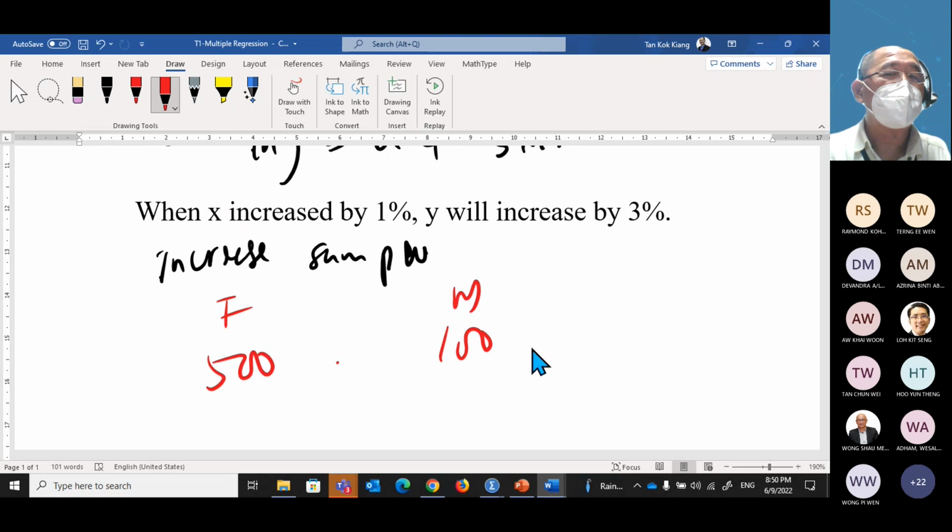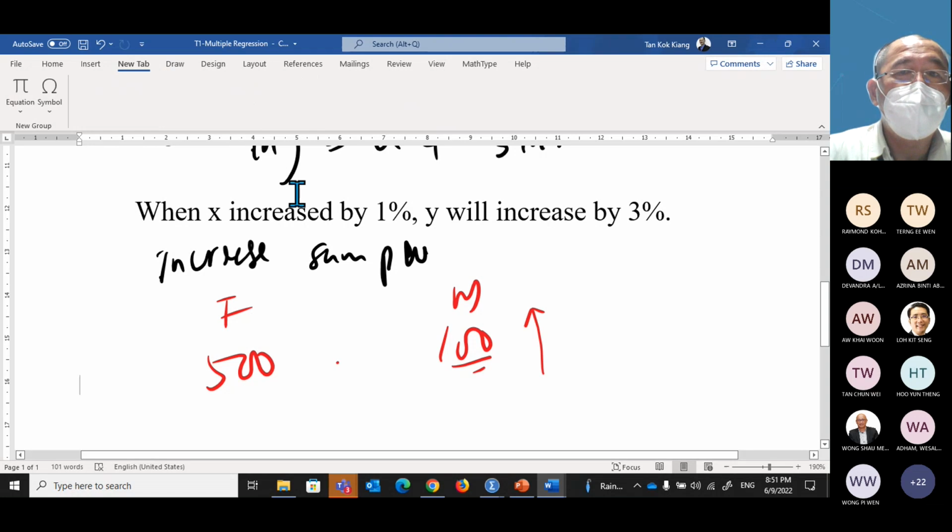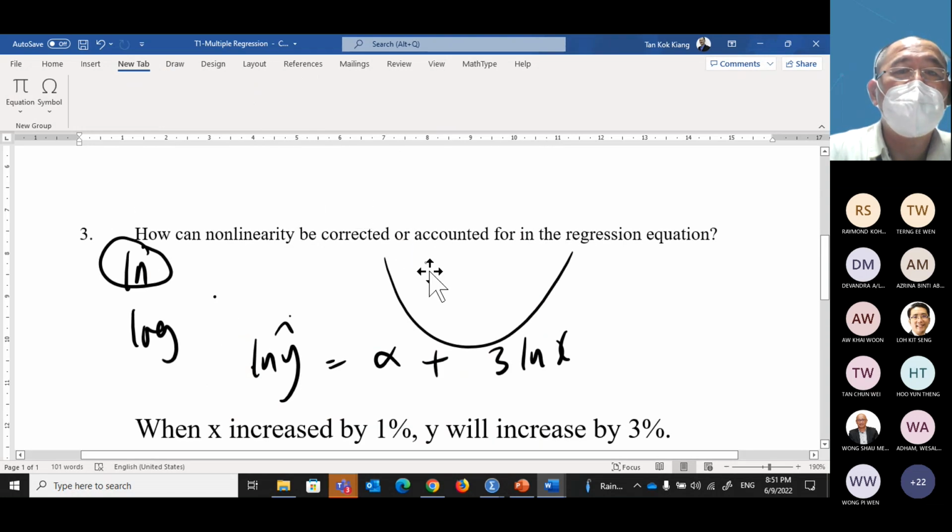It's not balanced. You can increase the sample size for the male, then test again. Maybe it becomes linear. So these are some methods we can use to handle the non-linearity.